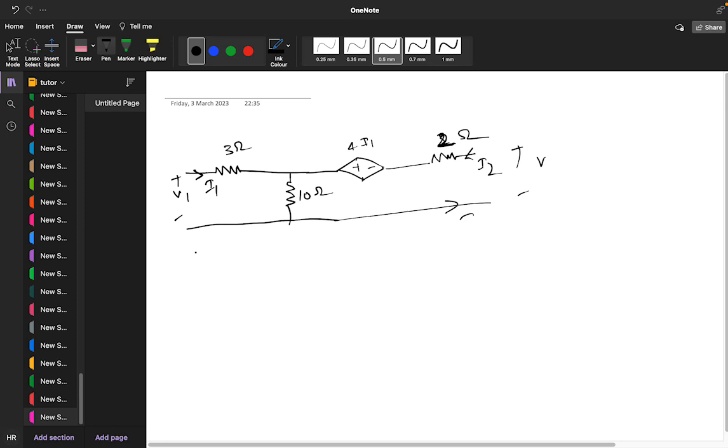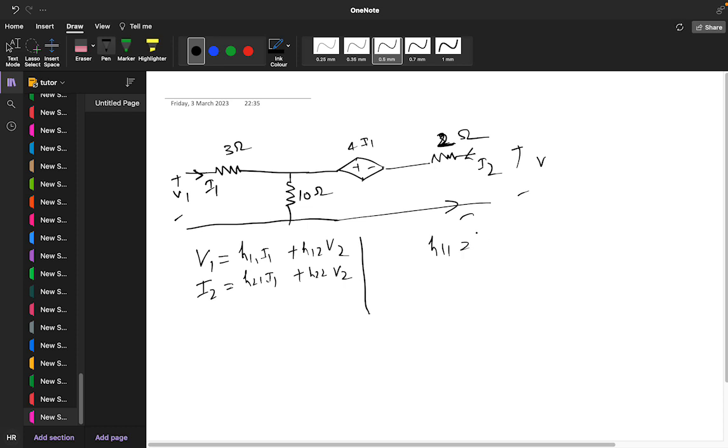V1 is equal to H11 I1 plus H12 V2, and I2 is equal to H21 I1 plus H22 V2.